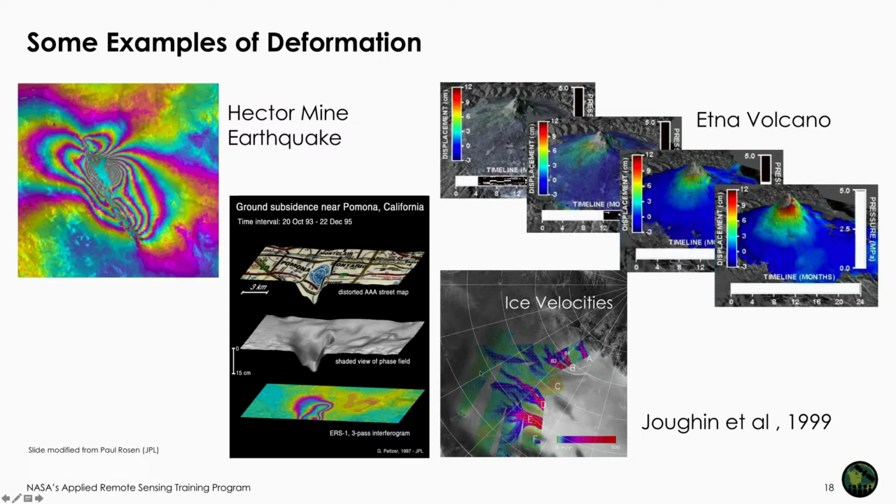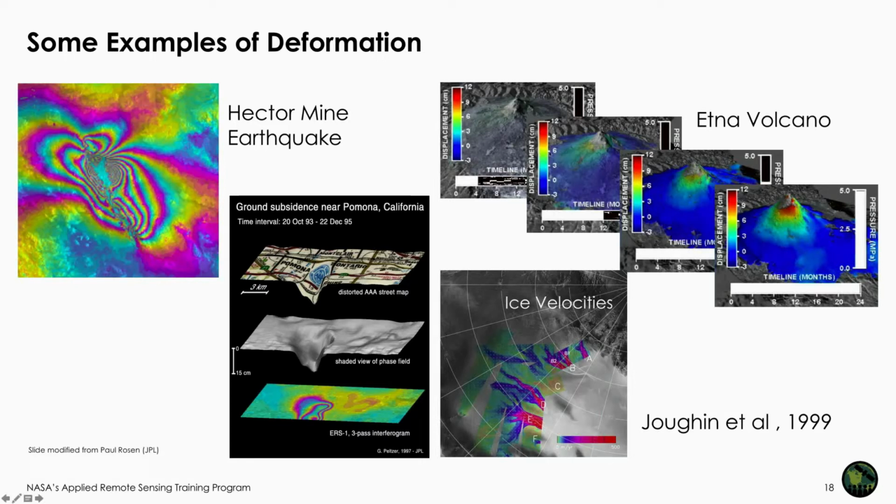Over here to the right, there's a map of ice velocity. This is measured by a combination of SAR interferometry and what we call pixel offset tracking, which is another technique to measure very large motions, which I won't be covering today.